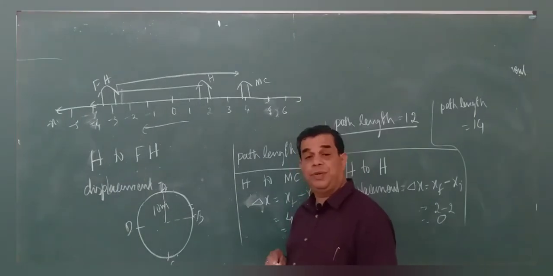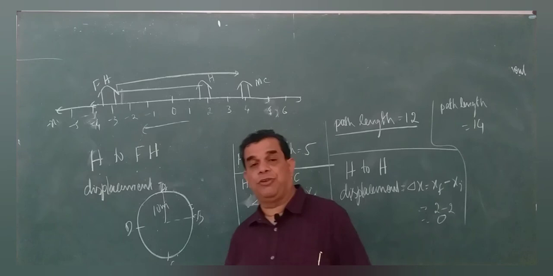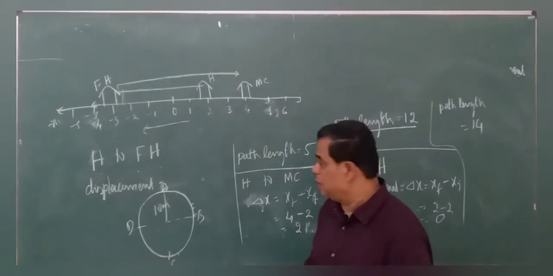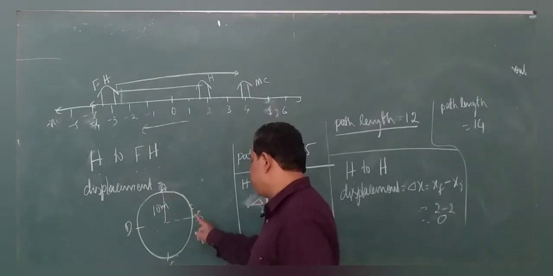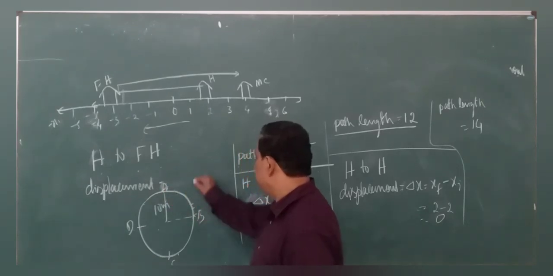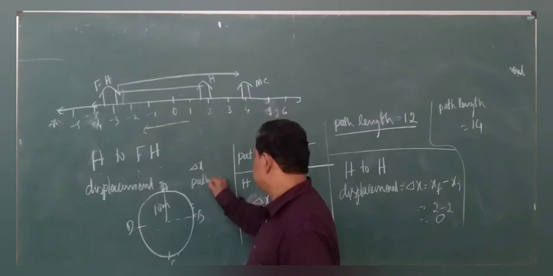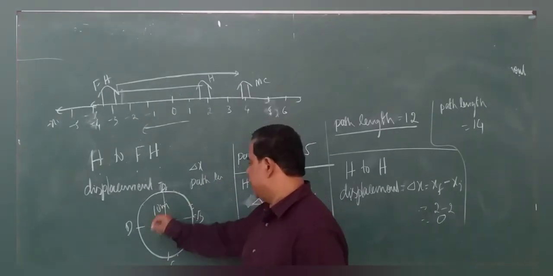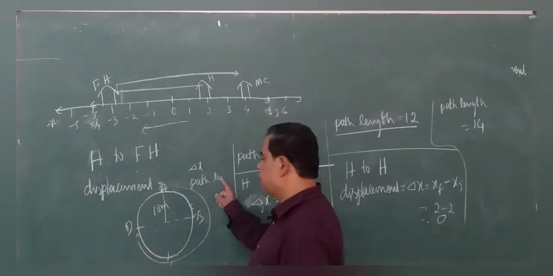The radius is given to be 10 meters. It's a beautiful question to make you think and apply what you learned just now. I want you to get me the displacement and path length when you move from A to B. When you move from A to B, you have to get me delta x and path length. That is the first question. In the second question, when you move from A, B, C on to D, what are the path length and displacement?